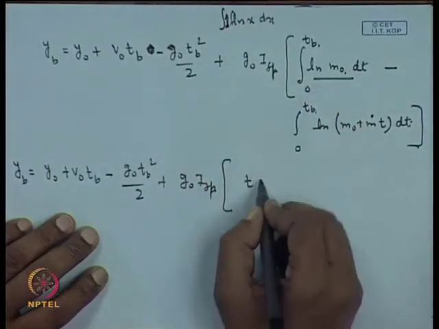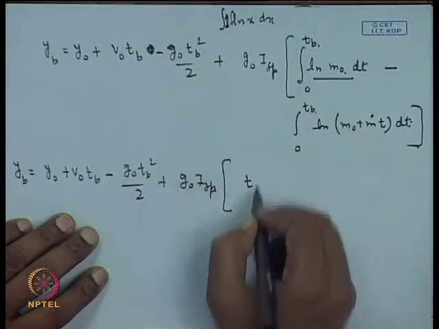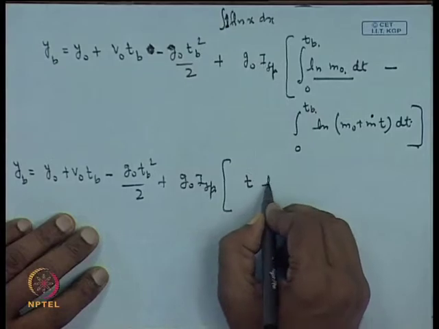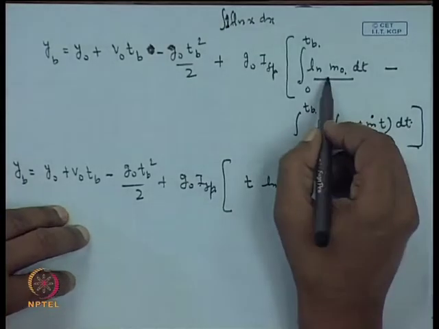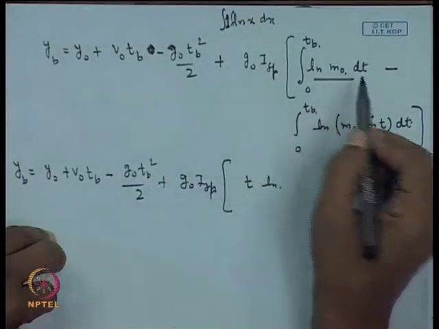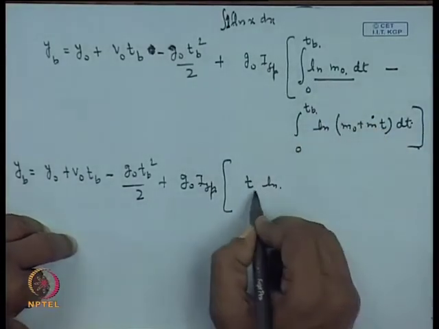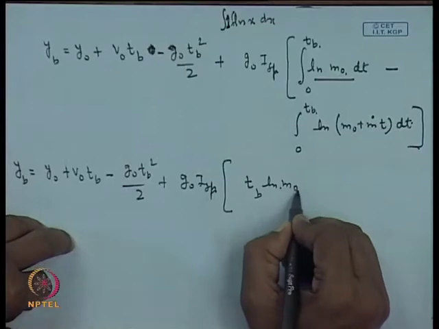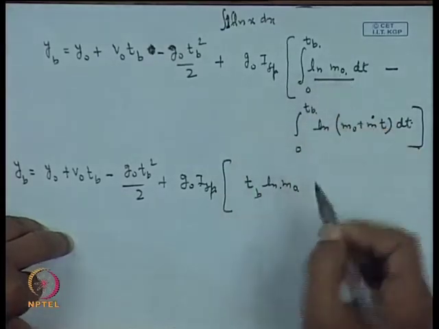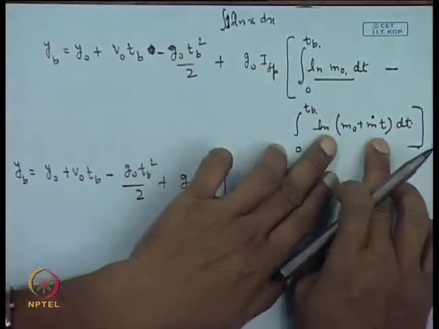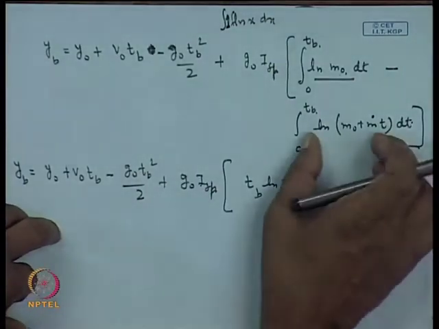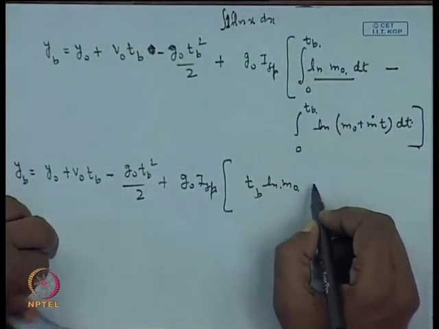Following the same procedure, we can integrate ln m 0, which in this case is a constant, so we need not worry. This will be simply T b times ln m 0, which can be taken out of the bracket, but this is the general procedure that we will apply to this particular integrand.